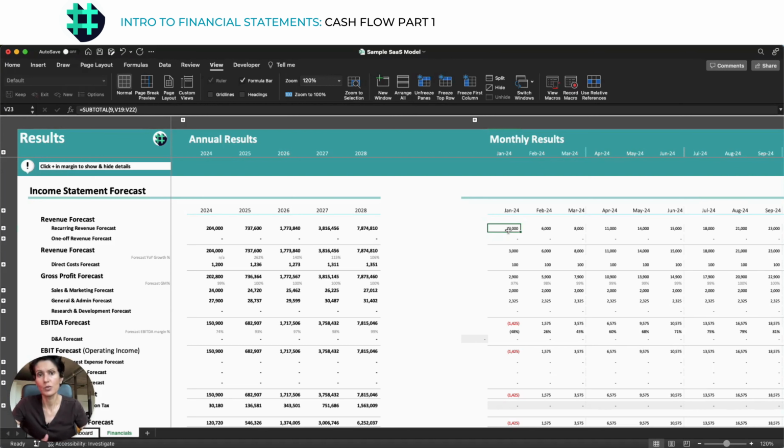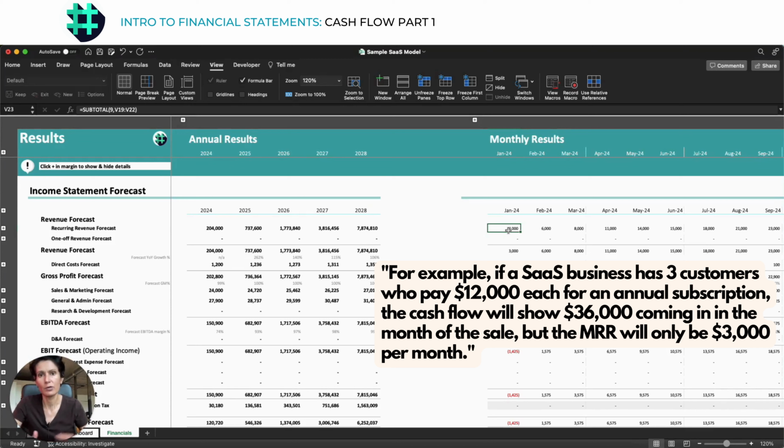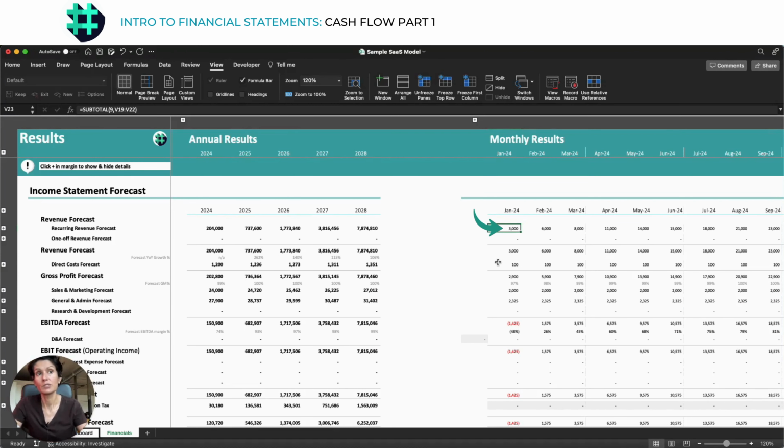And the way that this works is that you take the $12,000 per customer, and because it's an annual license, you have to divide it out over the course of the 12 months. So that's 1,000 per customer per month. And so if I have 3 customers, that means my MRR for that month is going to be 3,000, and same thing for February.